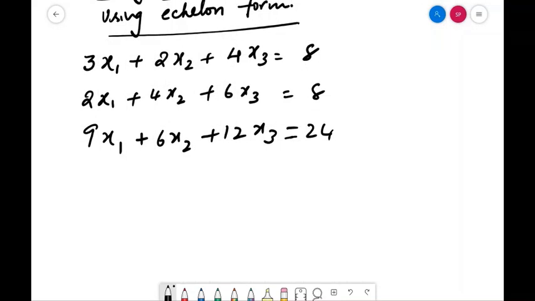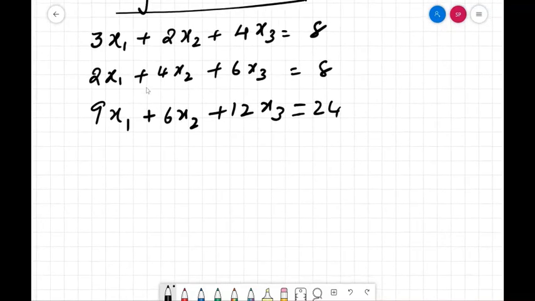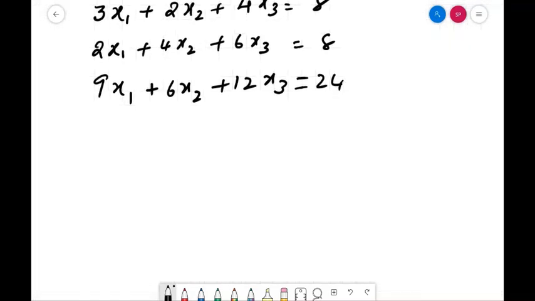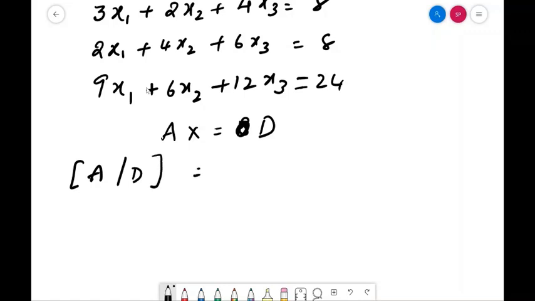So if I convert this into a matrix equation, that is Ax is equal to D, let us say, and I'll take the augmented matrix AD. So what is this augmented matrix?